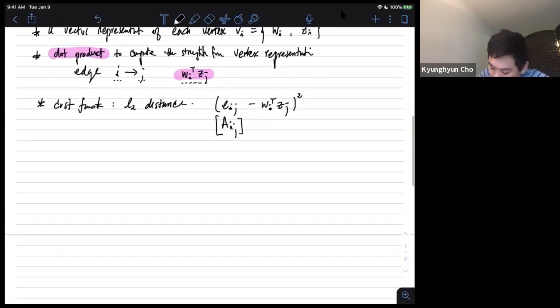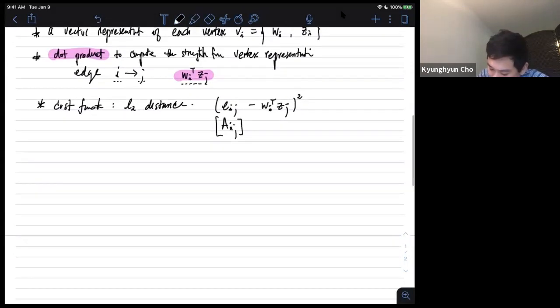So we rewrite this as i going from 1 to n, j going from 1 to n, and we look at Eij minus wi transpose zj, squared.